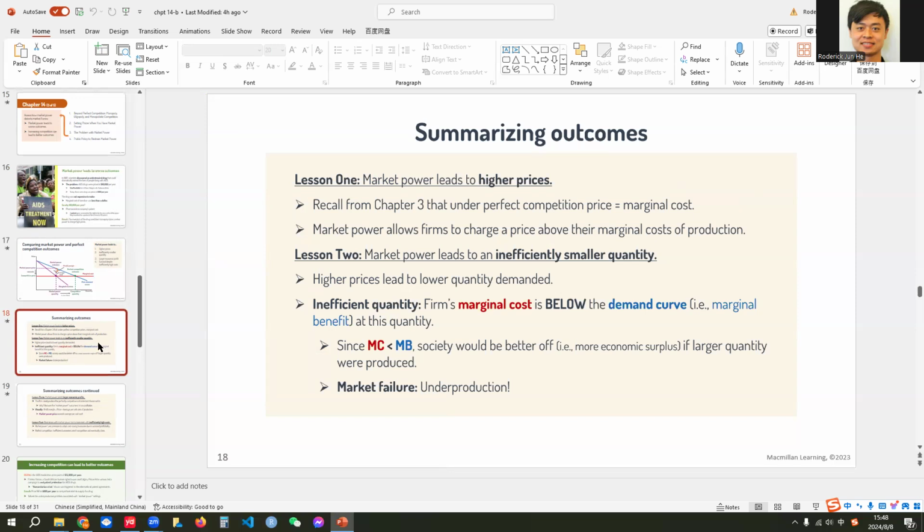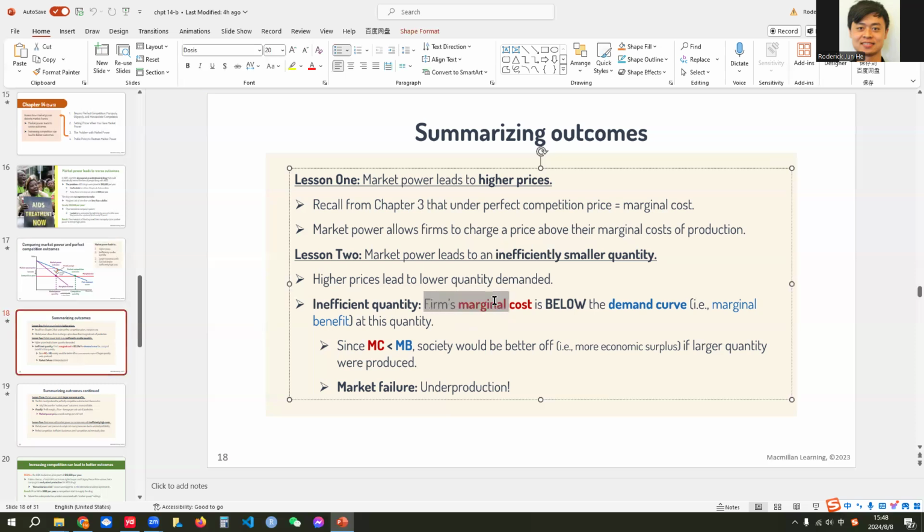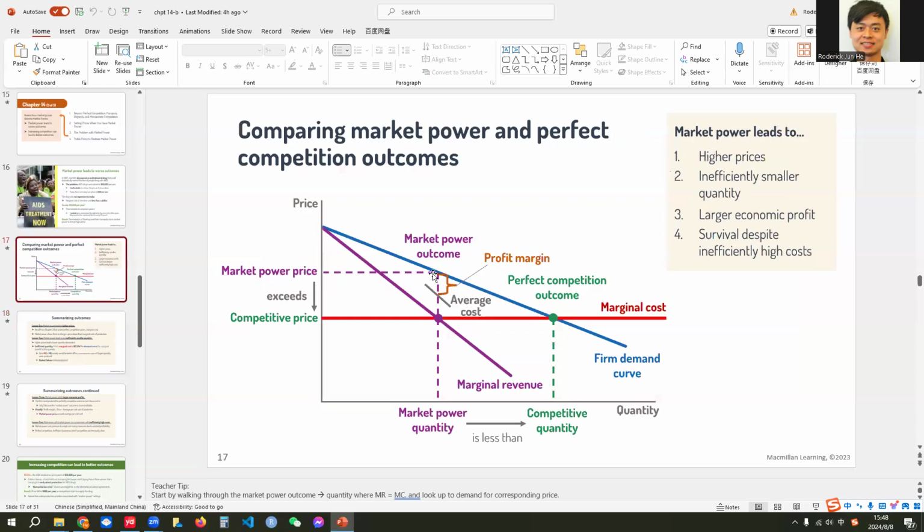Okay. So inefficient quantity, how do we find that? Because the firm's marginal cost is below the demand curve at this quantity.